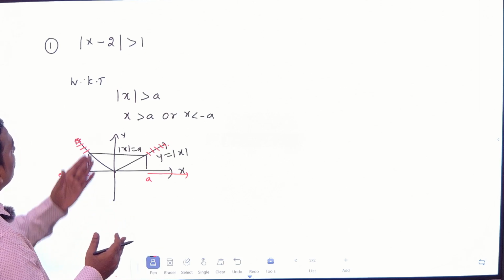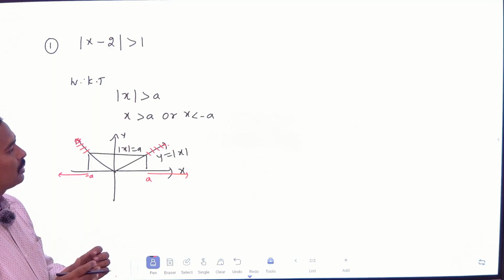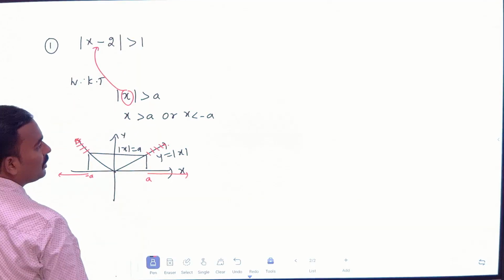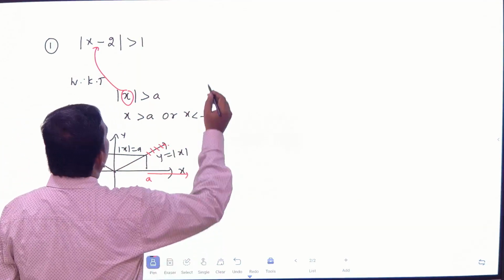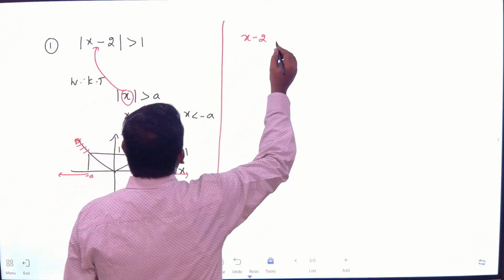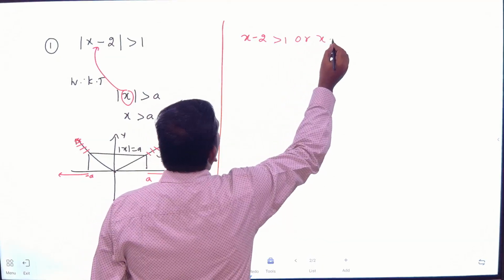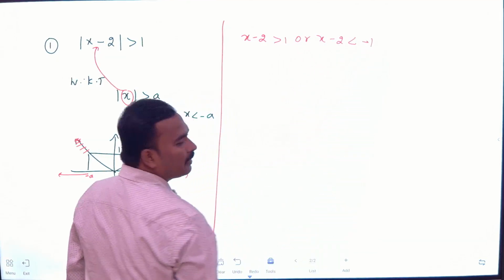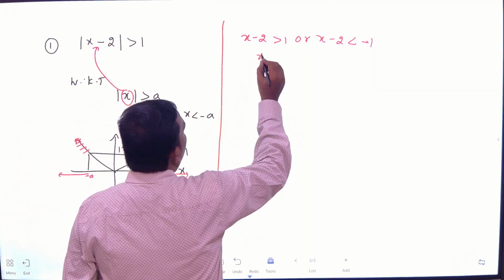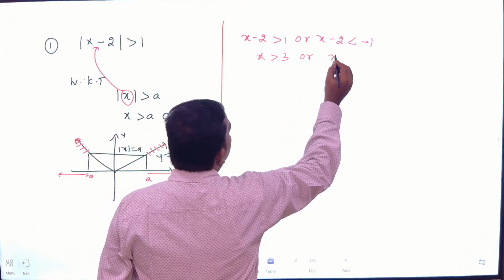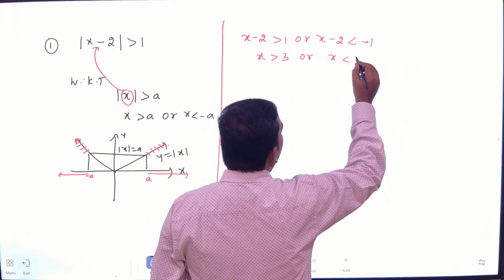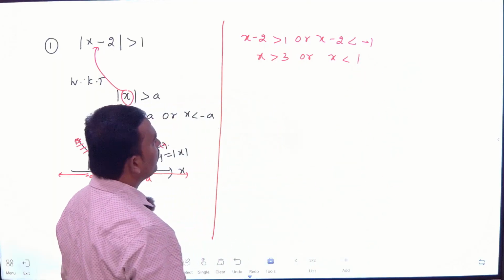The same idea you can apply for mod x minus 2 greater than 1. Here instead of x, we have x minus 2. So x minus 2 is greater than 1 or x minus 2 is less than minus 1. Now you can find the x value quickly. X is greater than 3, or x is less than minus 1 plus 2, which is 1.